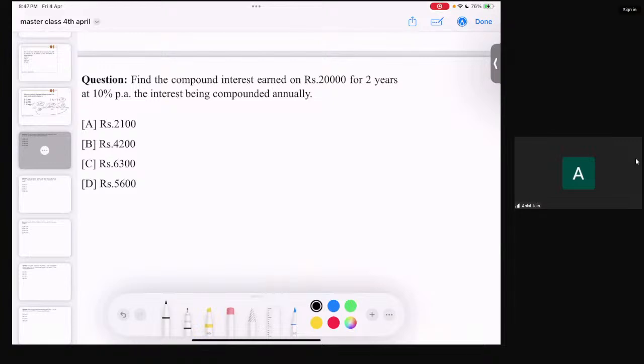So what is the interest if your principal is 20,000 and the rate of interest is 10%, and the interest is compounded? Yes, what is the answer?